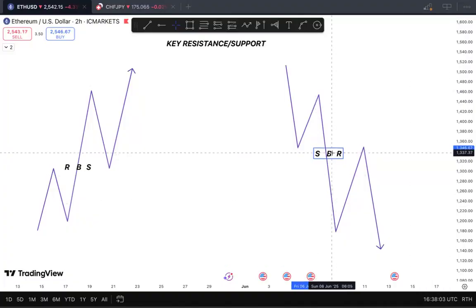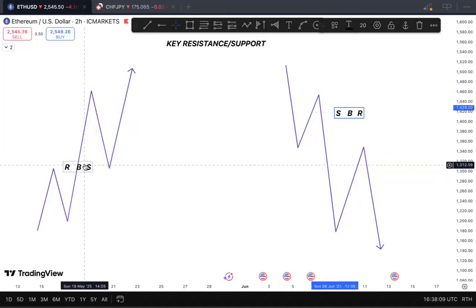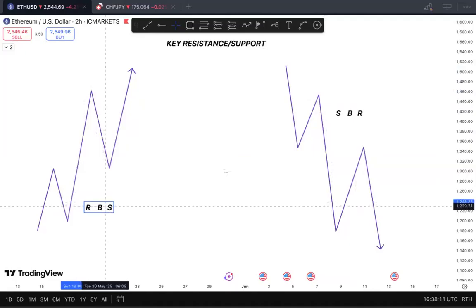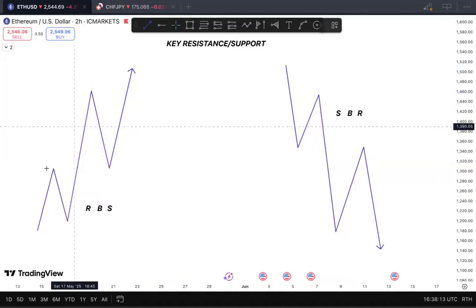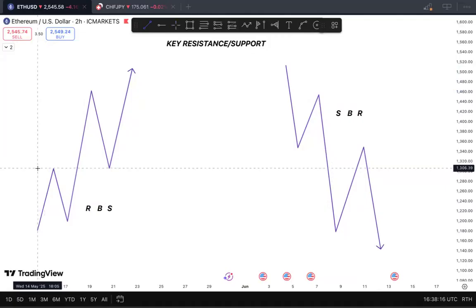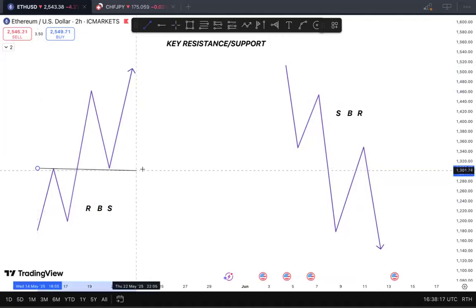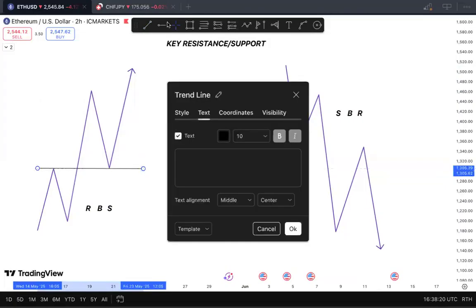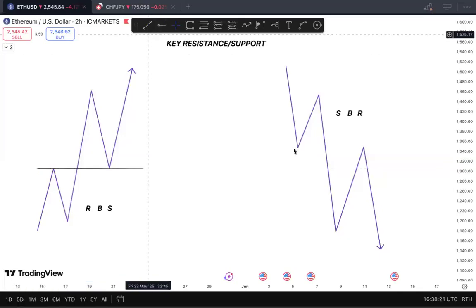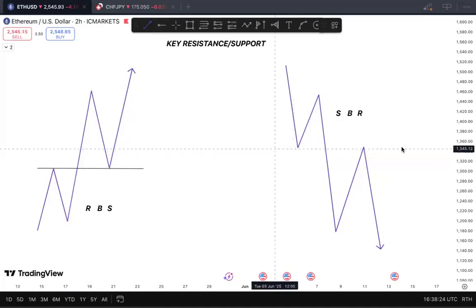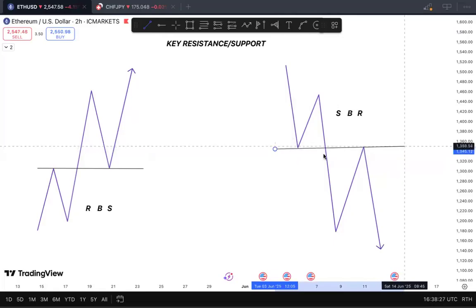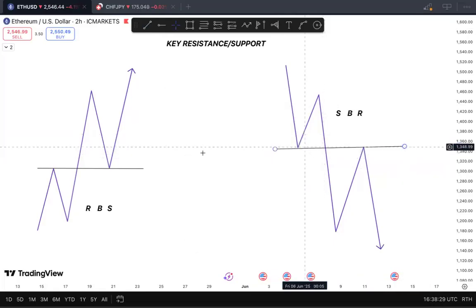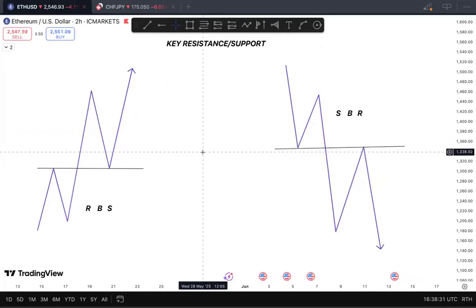It's very, very simple. So let me place it here. So each time a resistance is broken, what happens? It turns to support. And each time the support is broken, what happens? It turns to resistance. That's it. Do you understand? So if you have a knowledge about this, then it's easy for you.